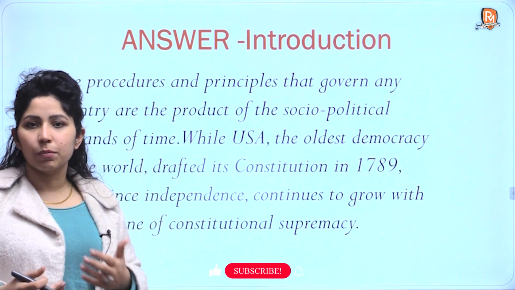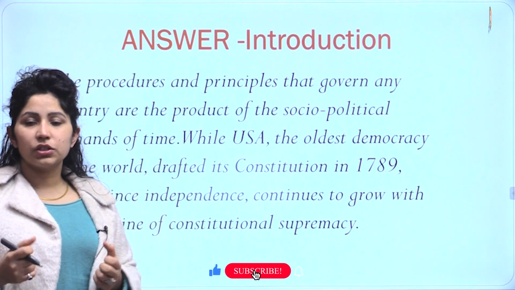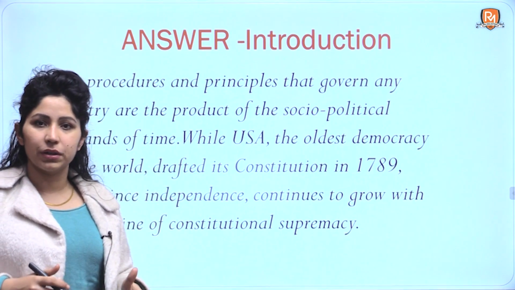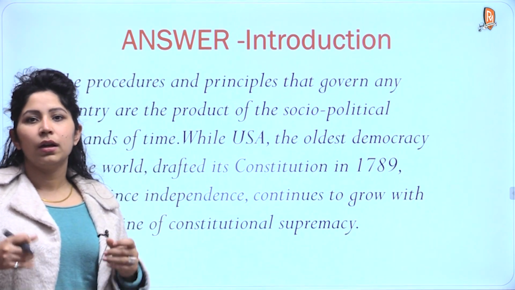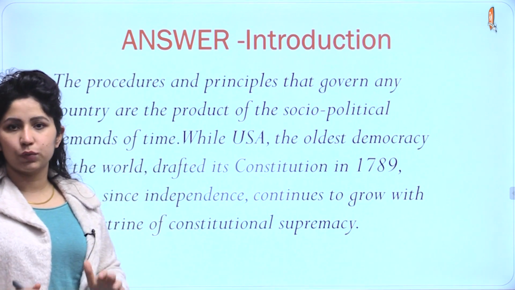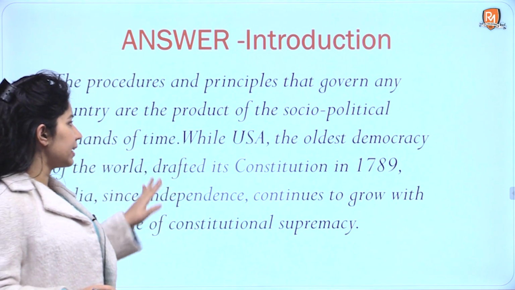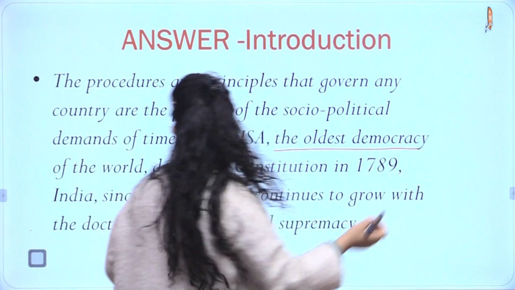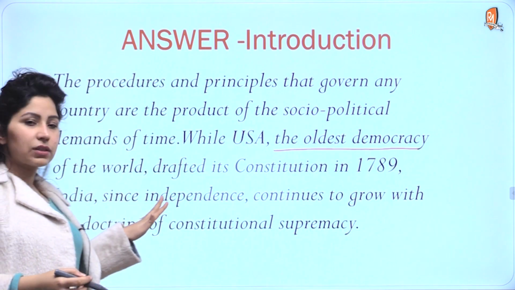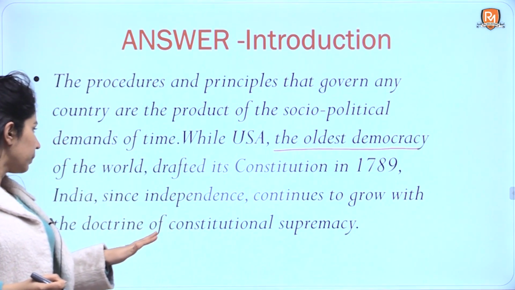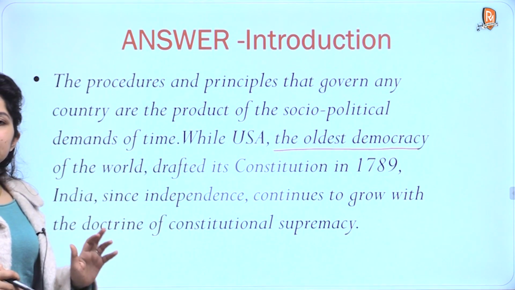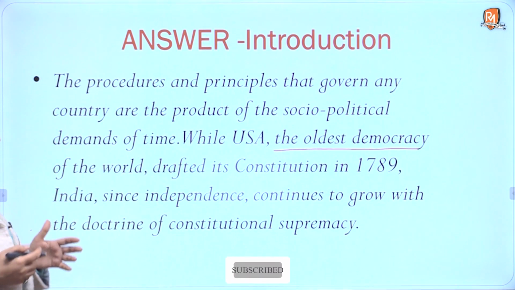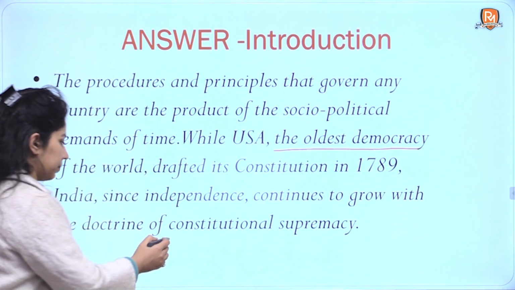Paraphrase it into something else, or just add some part of your knowledge into the introduction so that the examiner knows that you have read this part of the syllabus properly. So as you can see, I have written here, while USA, the oldest democracy of the world, drafted its constitution in 1789, India, since independence, continues to grow with the doctrine of constitutional supremacy.